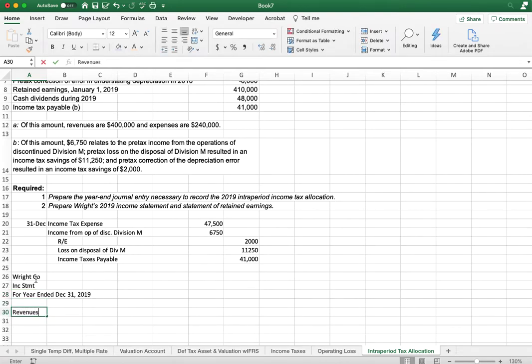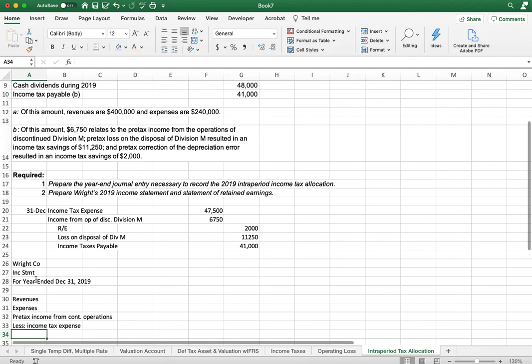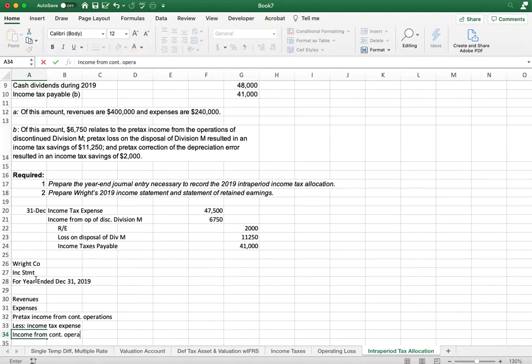We're going to have revenues and expenses to give us pre-tax income from continuing operations. Then we'll subtract out the income tax expense, which will give us income from continuing operations.